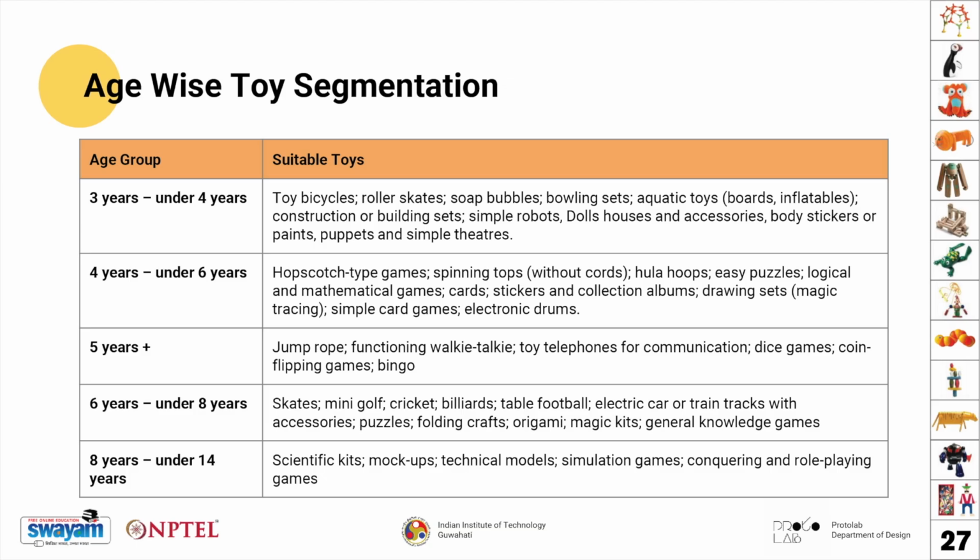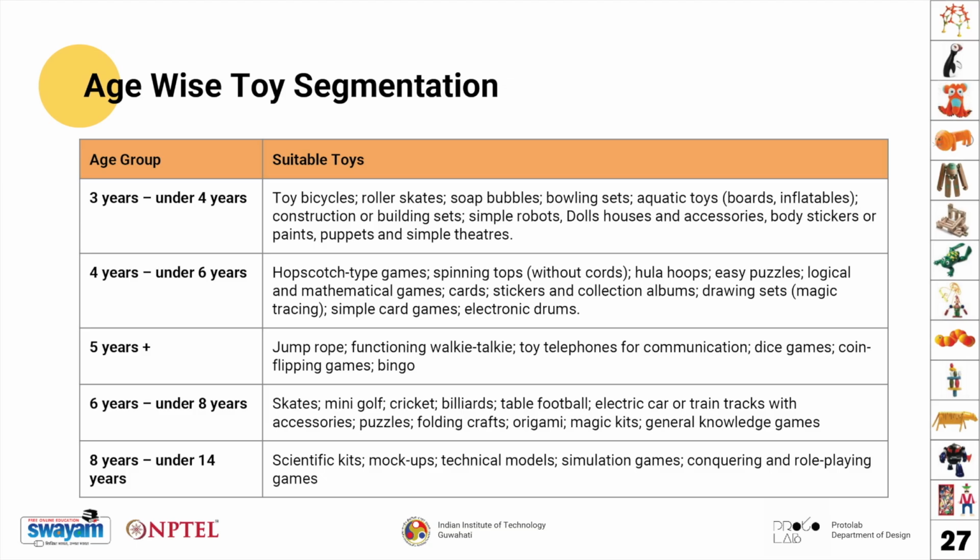From 5 years onwards, children begin to enjoy interactive and communication based play. Toys such as jump ropes, functioning walkie talkies, toy telephones, dice games, coin flipping games, and bingo encourage social interaction, rule based play, and group participation.